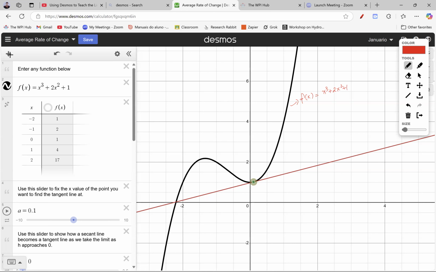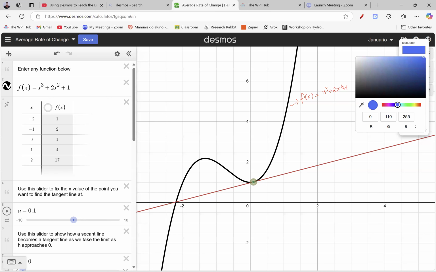Okay, and remember last time we talked about the slope of the line, when a line touches just one point on the function. But what is the formula for finding the slope?